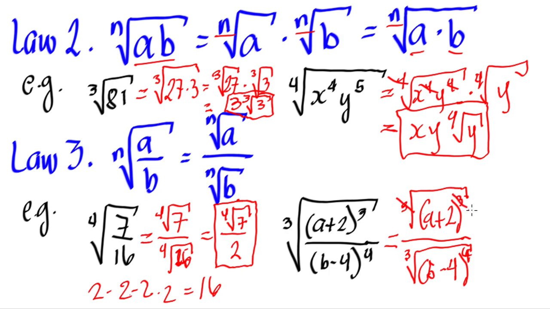We can cancel out since they have the same exponent and radical. So we are done with the numerator, which is a plus 2. Here in the denominator, we can convert this into a fraction by our definition of a radical.